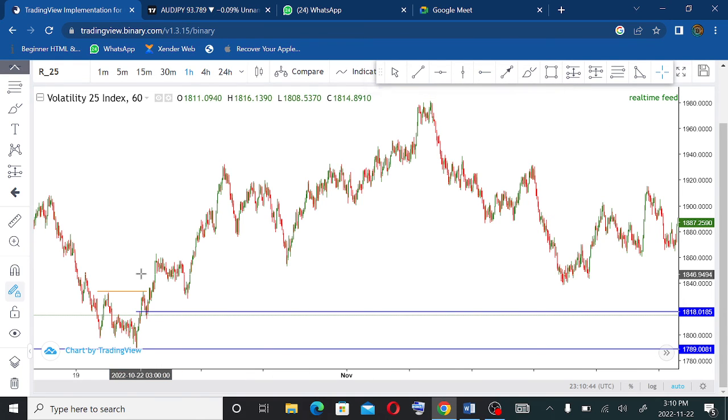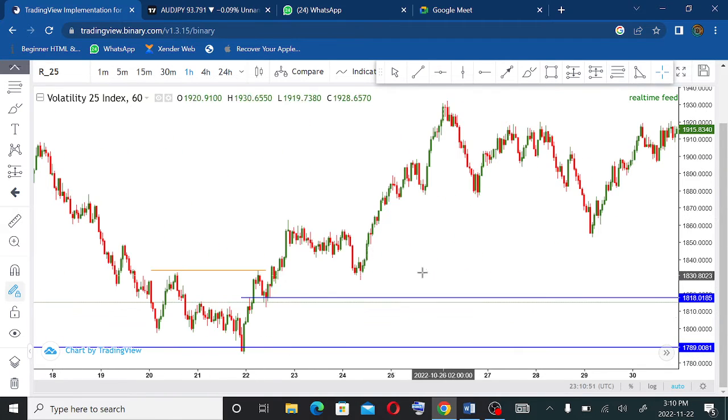You understand? An area that broke this market structure on lower time frame. So based on this, we could come here and mark our order block, but at the same time, we can see that there's an internal break retest here. So that validates my line.